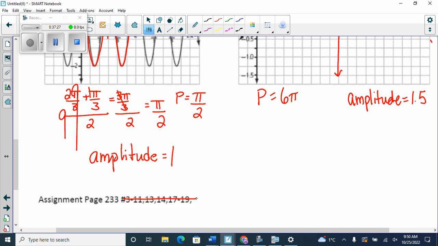So, page 233. You don't have to sketch at 4 C and D, just so you know. I just want the amplitude and period. 6, your matching graphs. Something stacked with this paper.